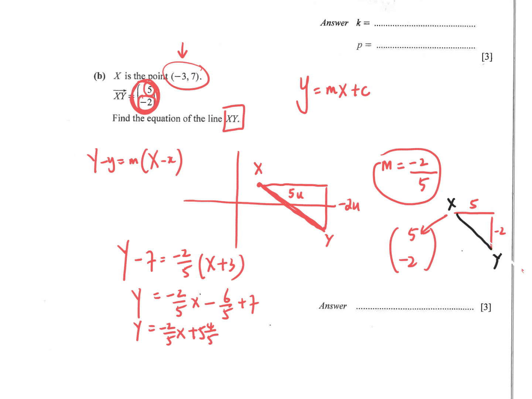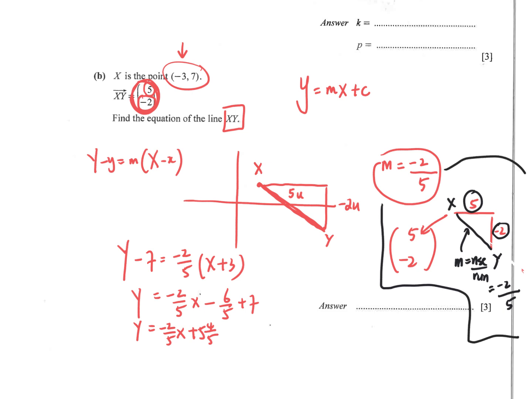So to find the gradient of this line, we use rise over run. So we are actually going downward. The rise is negative 2. The run is 5 units. So that's how you get the gradient from the diagram. So when we give you vector, this is the x. This is the movement in the y direction. So that will help you find gradient.